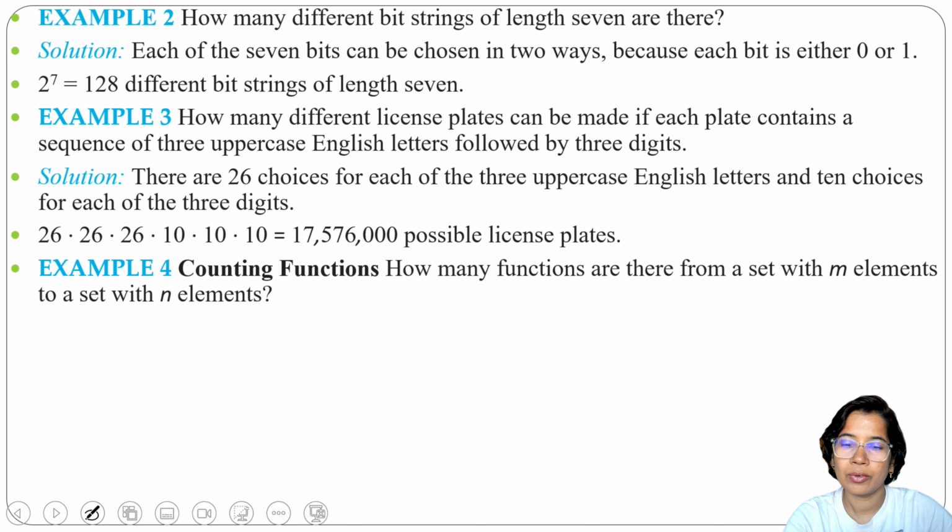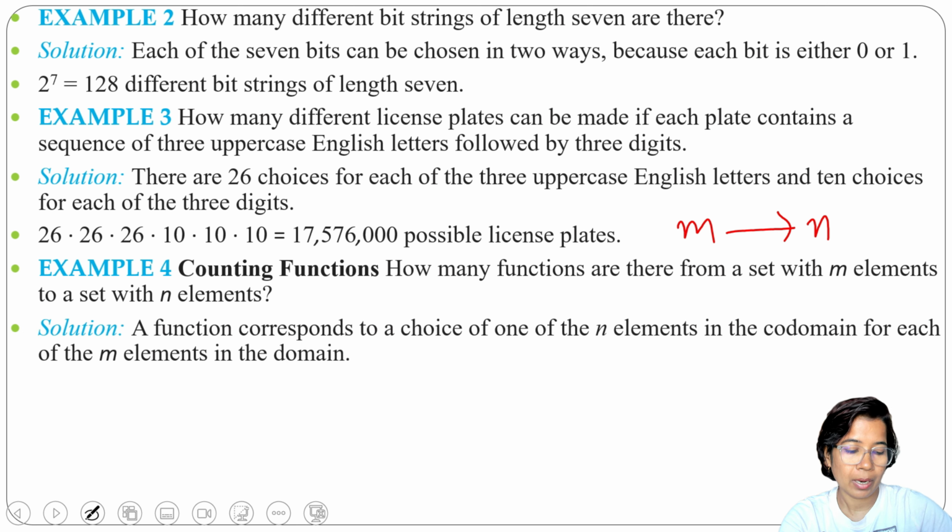Next, example 4. Counting functions. How many functions are there from a set with m elements to a set with n elements? We have a set having m elements and another set having n elements. It is asking how many functions are possible from a set with m elements to a set with n elements. It will be n power m.